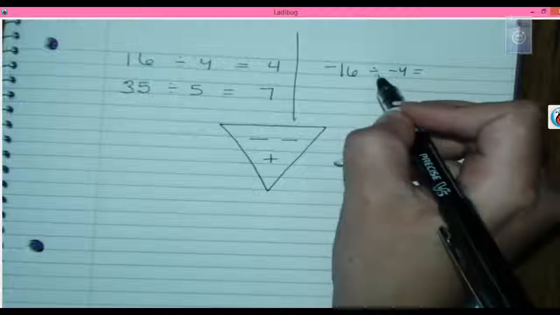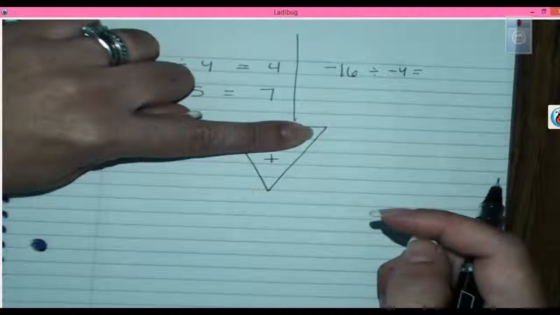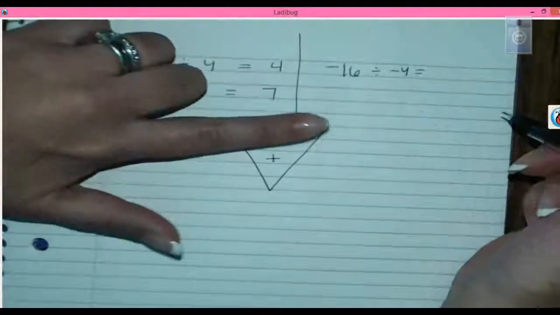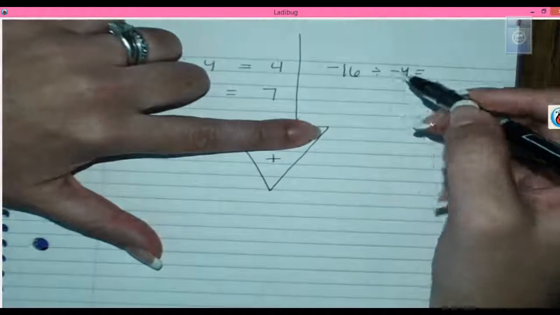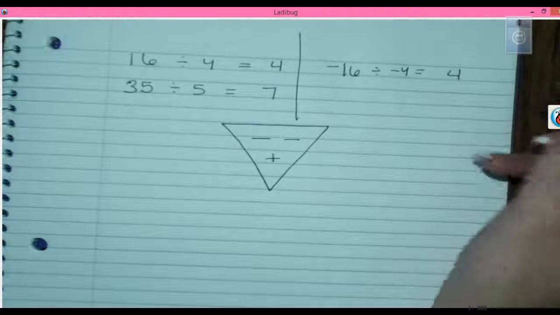We have a negative divided by a negative. Would our answer be positive or negative? Positive. A negative divided by a negative, if we cover both negatives, we're left with a positive. So negative 16 divided by negative 4 would be positive 4.